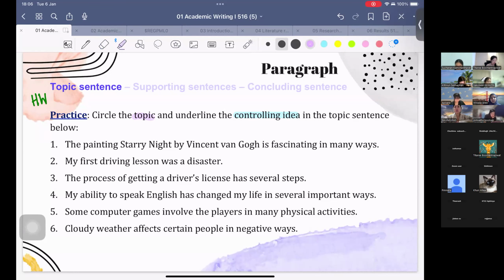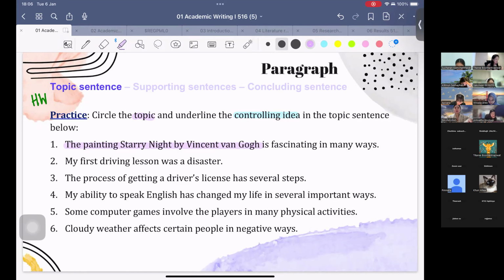This first one, the topic would be straightforward, which is the painting Starry Night by Vincent van Gogh. It's the topic of the sentence. The painting is technically the topic, the main idea, not the main idea, the topics.